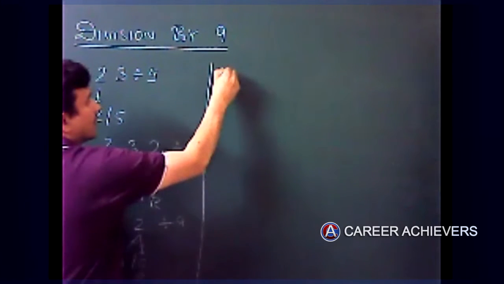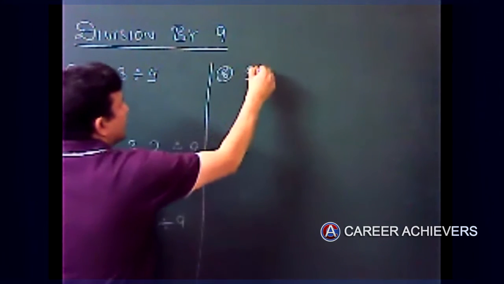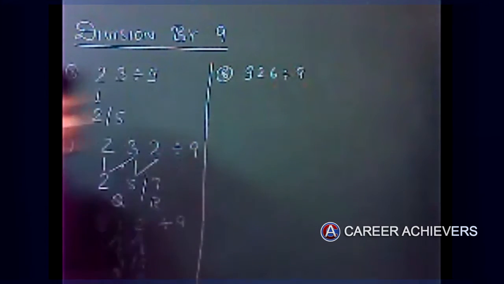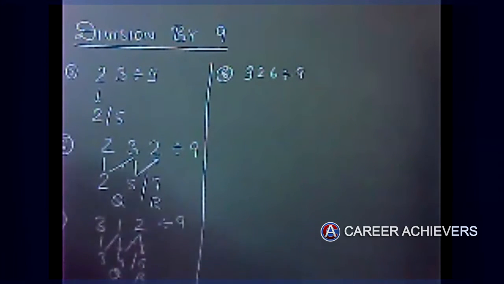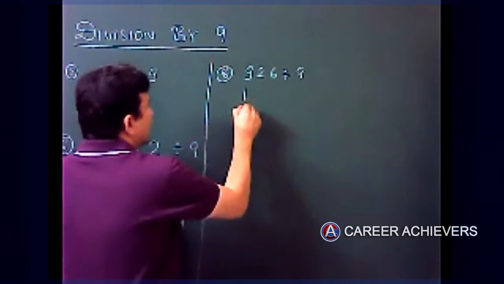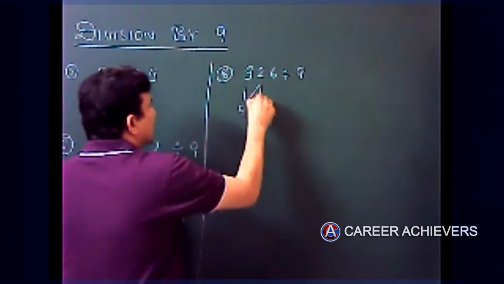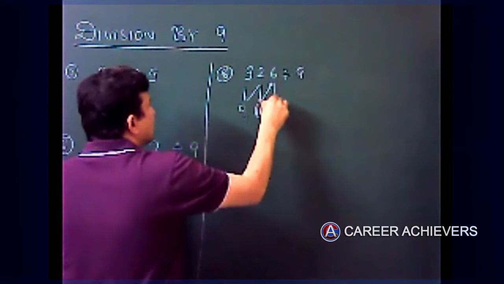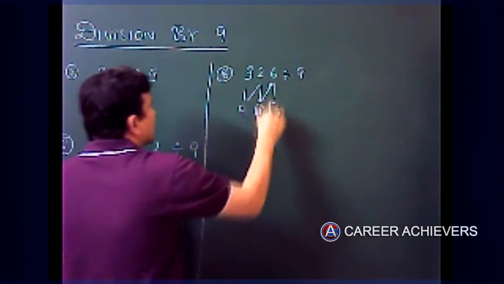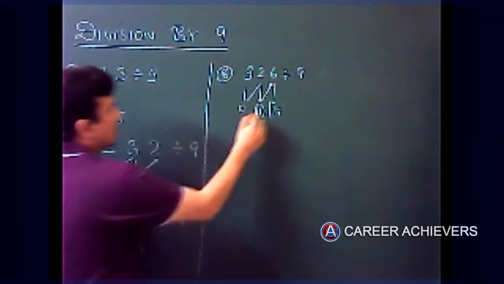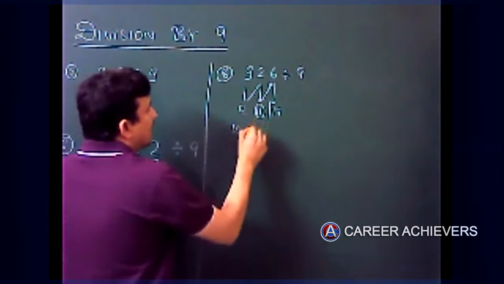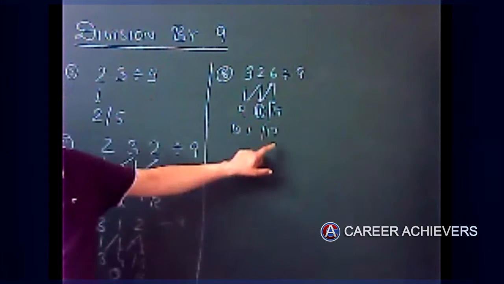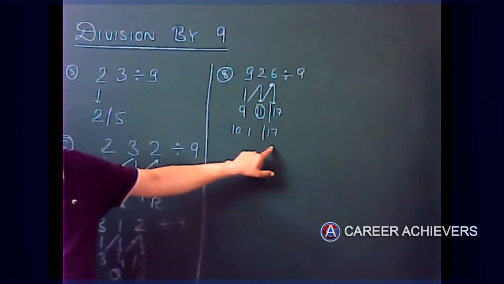Let the number be 9276 divided by 9. So here 9, then 9 plus 2, 11, then 11 plus 7, 18, then 18 plus 6, 24. Now the remainder side is greater than 9.